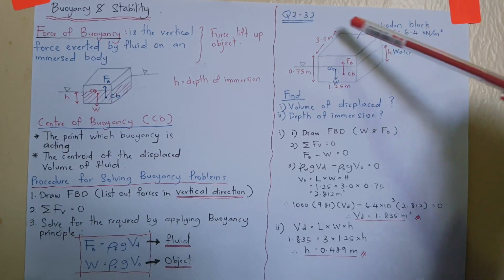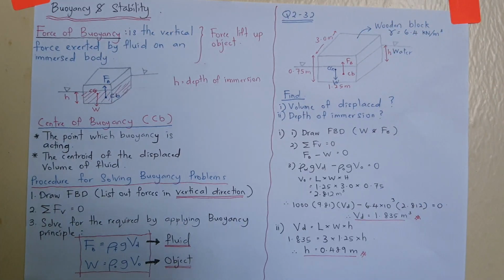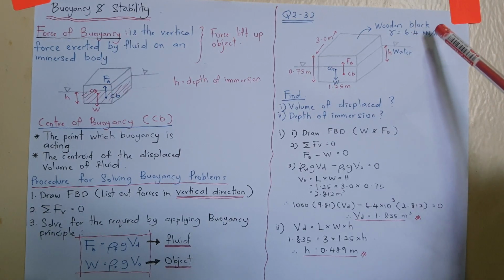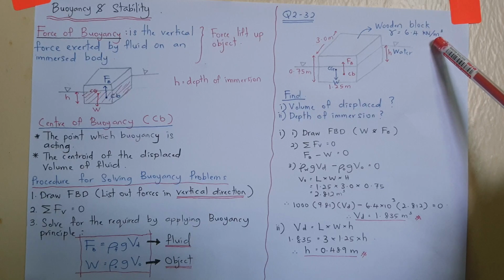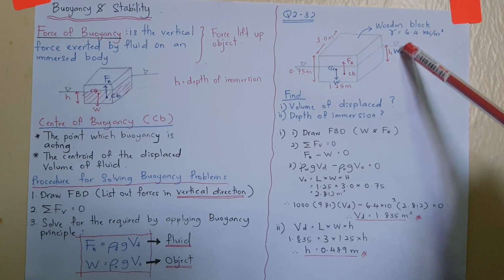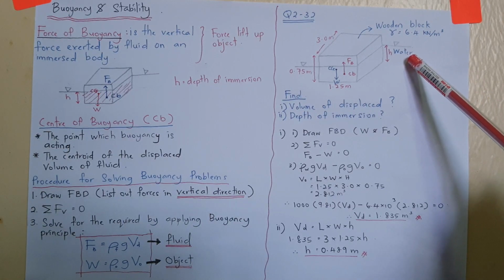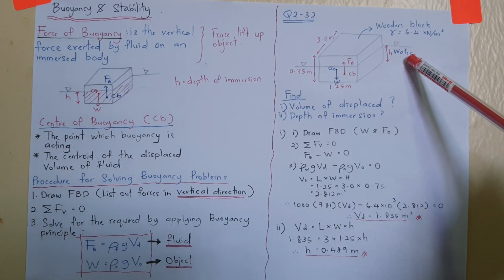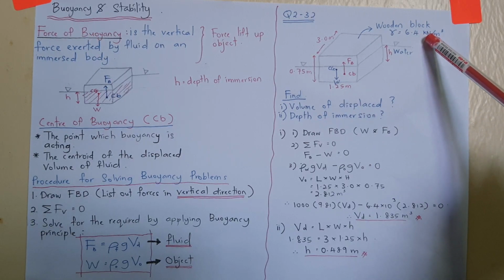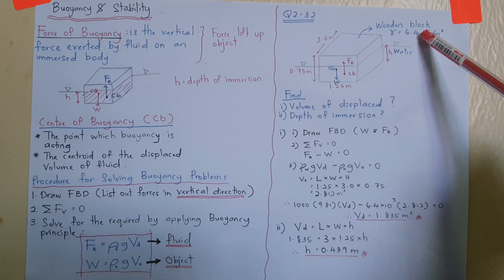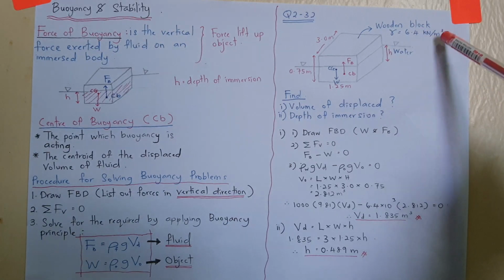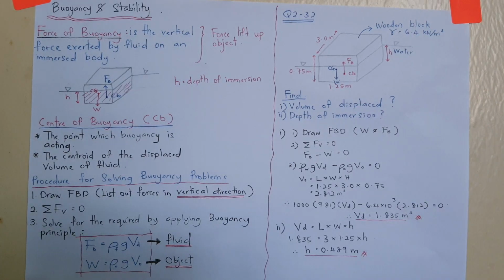You can refer to Q232 in our tutorial books. So we have an object, a wooden block, given specific weight is 6.4 kilonewton per meter cube, and it is immersed in the water. The density of the wooden block is about, divided by 9.8, maybe around 700 something.